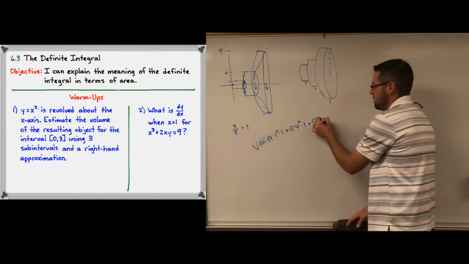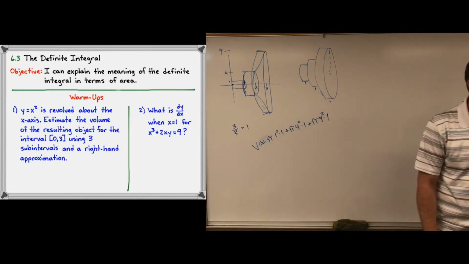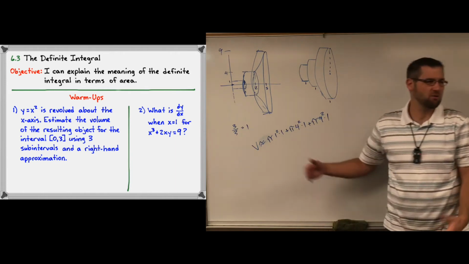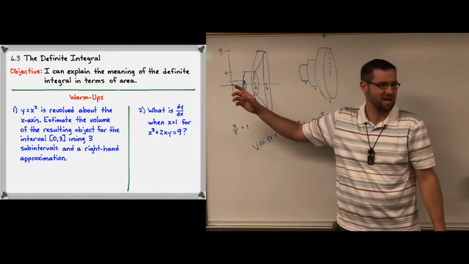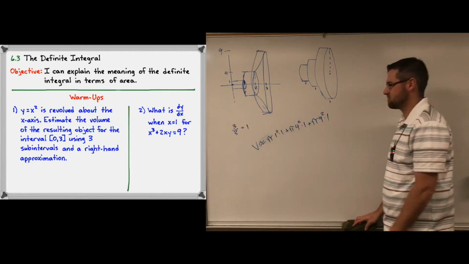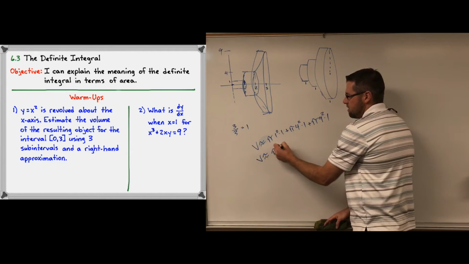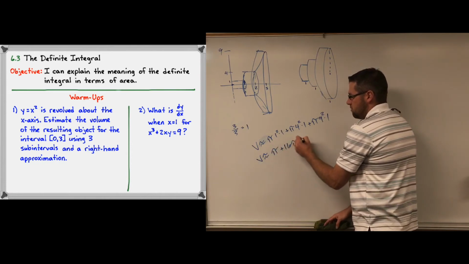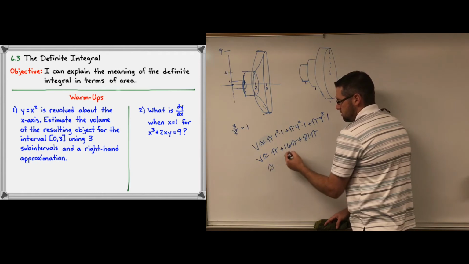Yeah, 9 squared. Christina, did I tell you something wrong? I'm sorry. I forgot that we were squaring the radius. The radius is the x squared, and then we have to square it. I'm sorry. So volume equals pi plus 16 pi plus 81 pi. So that's going to be 98 pi.